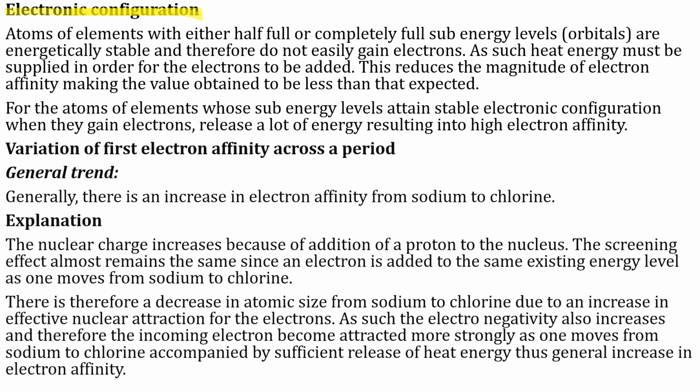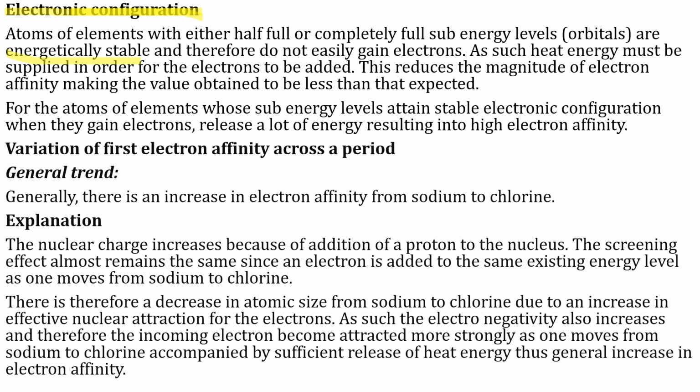This reduces the magnitude of electron affinity, making the value obtained to be less than expected. Now, once we are having a half-filled or fully filled sub-energy level, we expect it to be energetically stable.